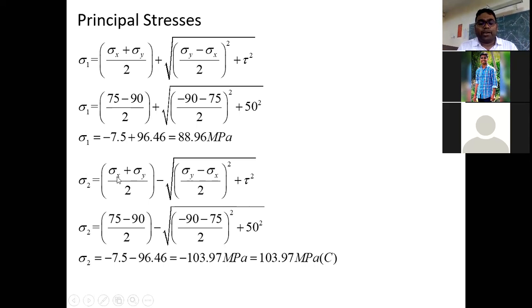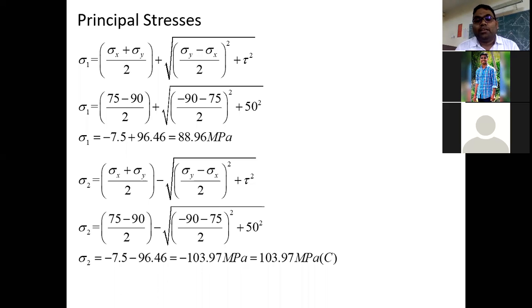Here you put the value of sigma x as 75 and sigma y as minus 90, and the final answer is minus 103.97 megapascal.